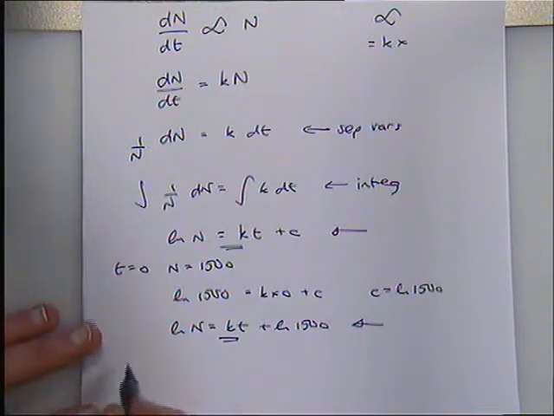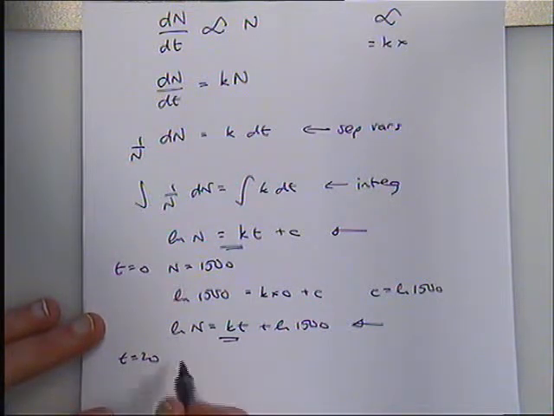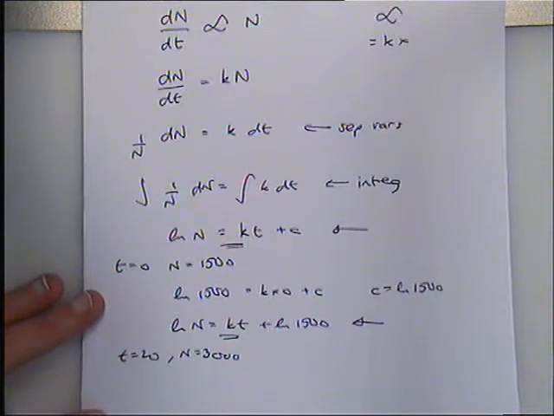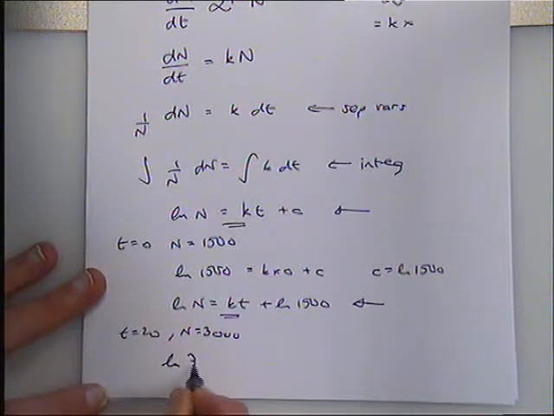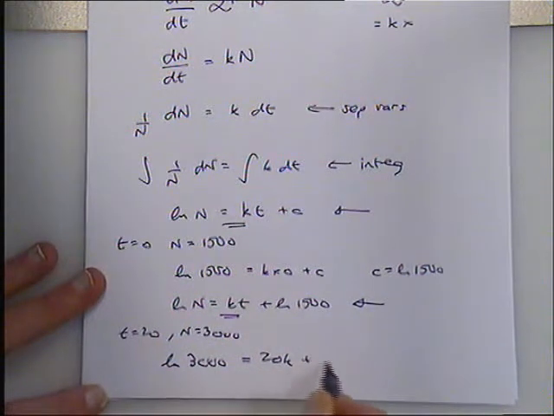Go on, Billy. t is 20 hours, 3,000. Yeah, it says after 20 hours, the colony increases to 3,000. So there's another pair I can substitute in as well. So hopefully this pair will let me work out what the other letter is. So I've got log of n equals k times by t plus log of 1500.